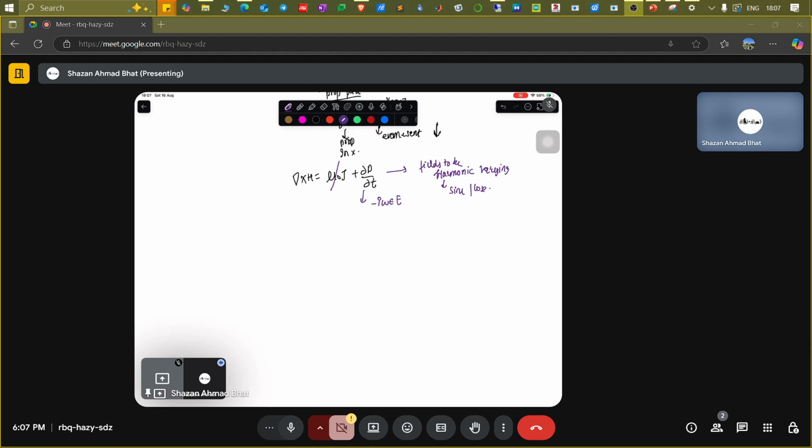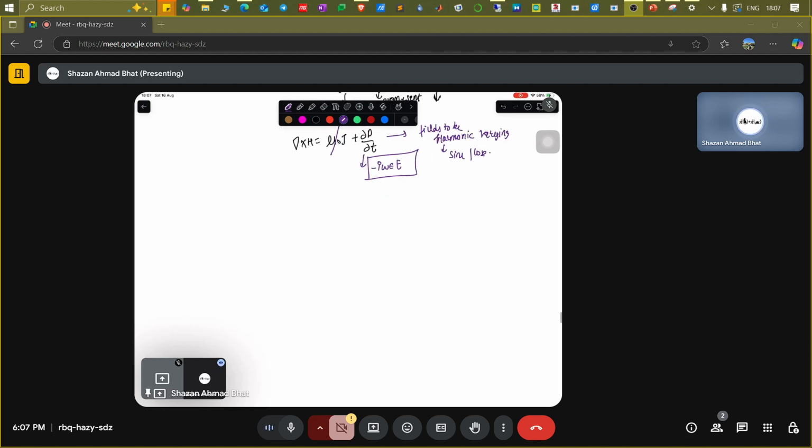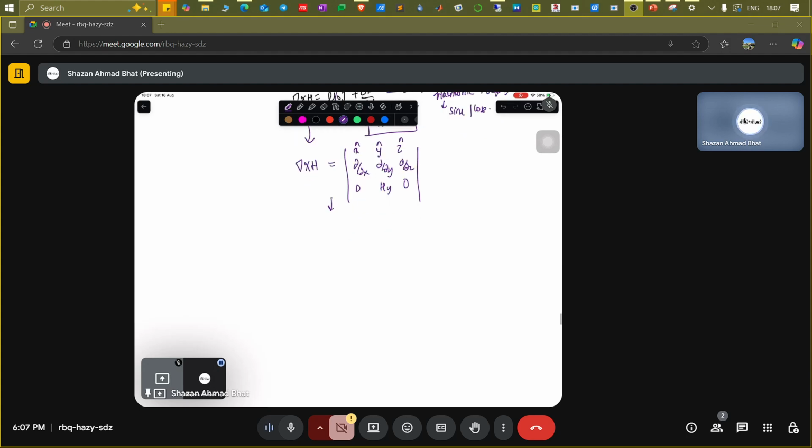Then dou D by dou T is equivalent to minus i omega epsilon times the electric field. When you write the curl of the magnetic field as the determinant of dou by dou x, dou by dou y, dou by dou z, and 0, Hy, 0, you're going to solve this. I guess this has been covered in the sessions. You're going to get E1 and you're going to get E2.